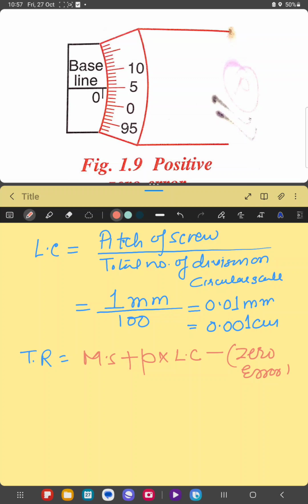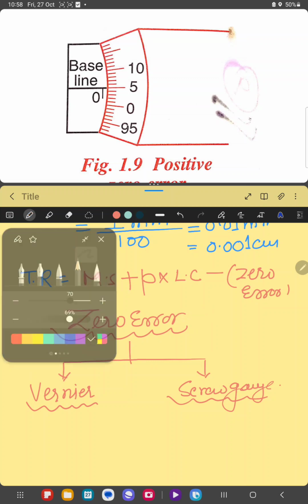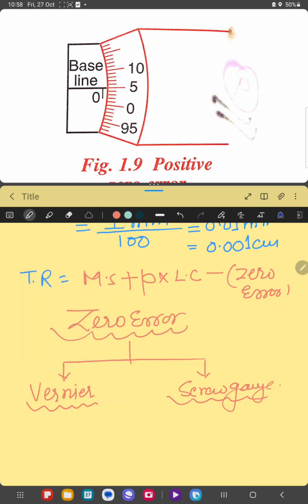Now let's quickly see a few questions based on it, but before that let's quickly see the next article, zero error. For the sake of zero error, let's divide it into vernier calipers and screw gauge.